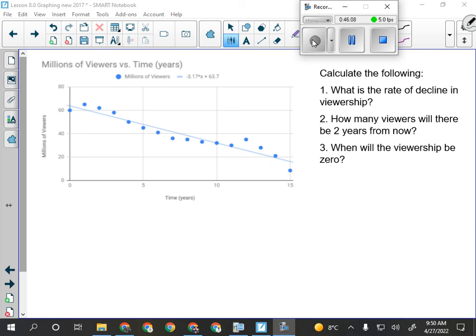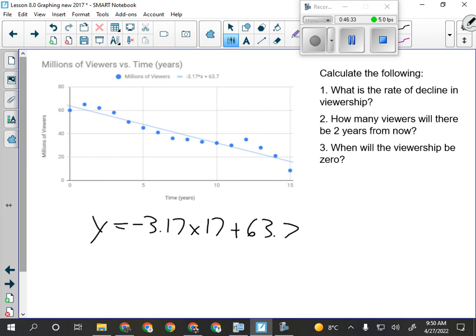Now is always the end of the graph. We can't have a graph of imaginary data. This is data that has to be recorded. This is our last recorded data point at 15. So 2 years from now is 17 years. So we want to calculate y when x is 17. So negative 3.17 times 17 plus 63.7.